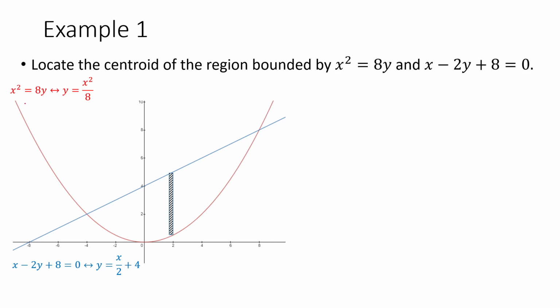Okay, so the red line is x squared equals 8y. That's the graph. And then the blue graph is x minus 2y plus 8 equals 0. Notice in the solution that I already gave the counterparts of the x and y components.